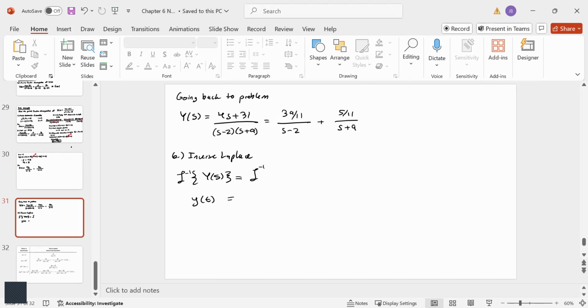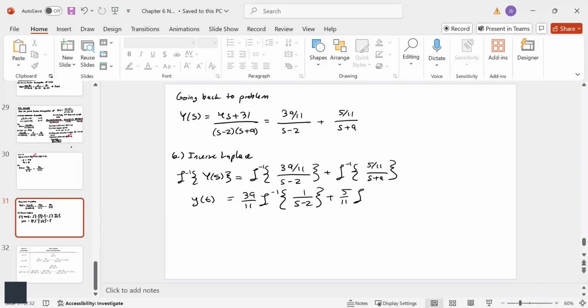Then we're going to take the inverse Laplace of each of these individually, because the Laplace transformation being a linear transformation allows us to do that. Not only that, we can factor out the fraction. And that's why I tell people don't mess with the fraction, because you're going to end up factoring it out most of the time anyway.